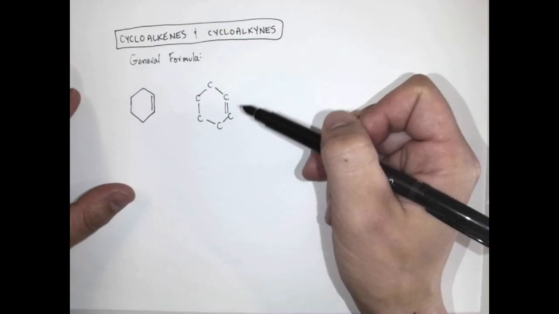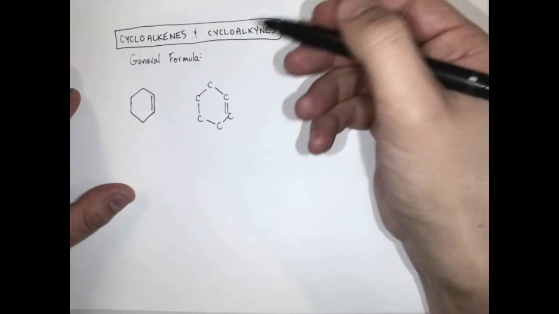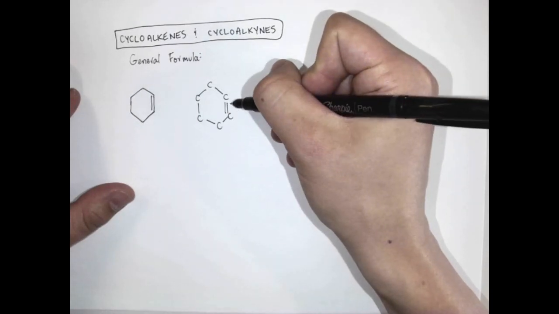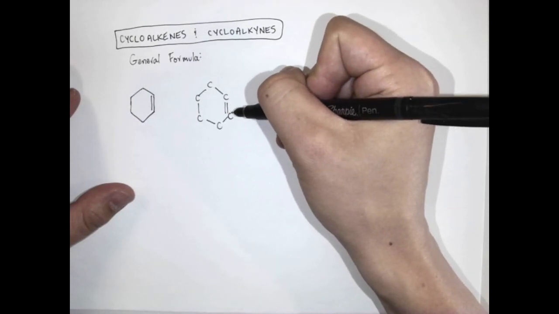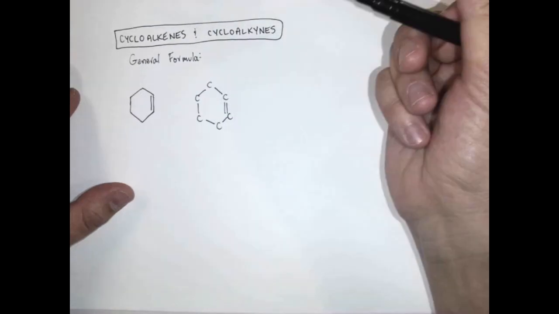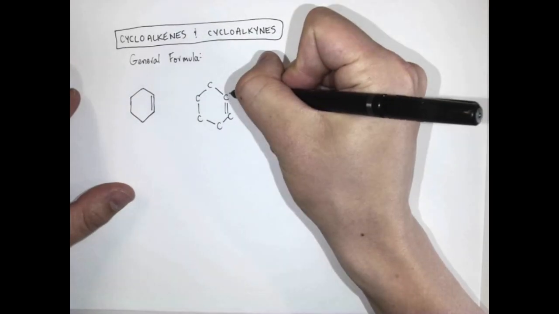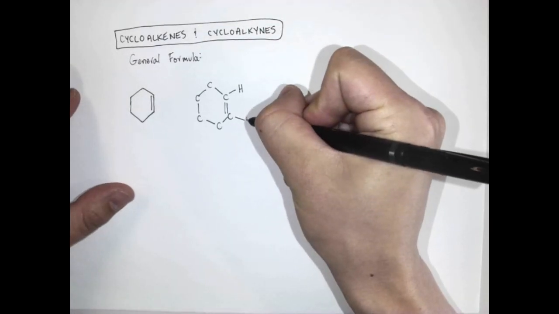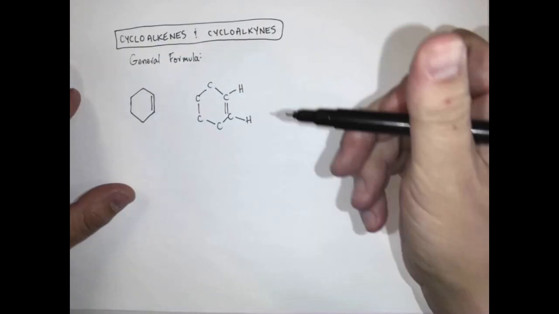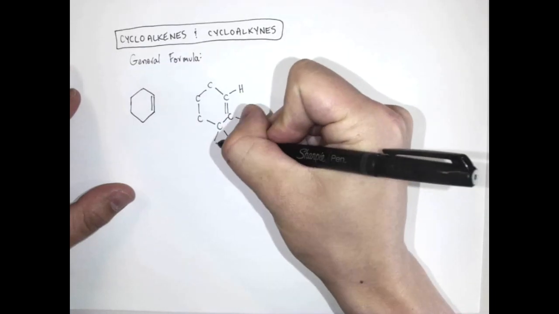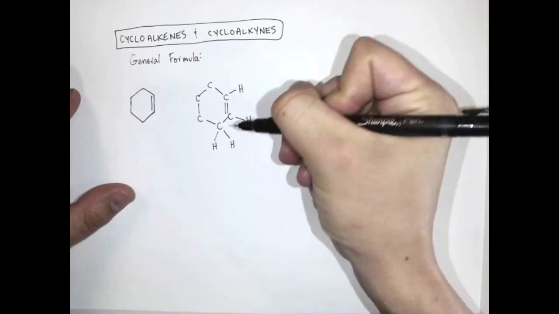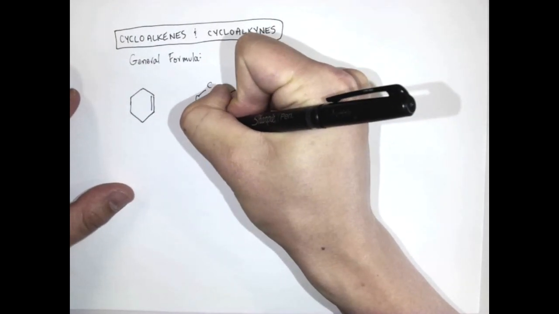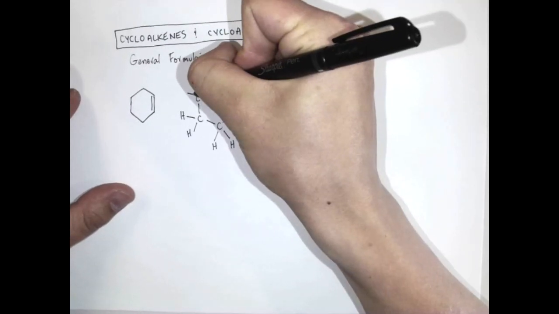So for the carbons that are part of the double bond, each carbon already has a double bond to the other carbon and a single bond to a second carbon. That gives us a bonding capacity of 1, and that is filled up with a bond to hydrogen. With the remaining carbons in our molecule, each one has a capacity for 2 more hydrogens.